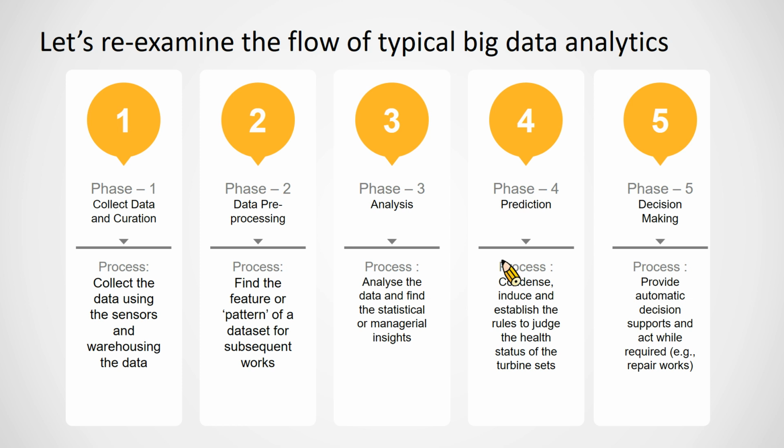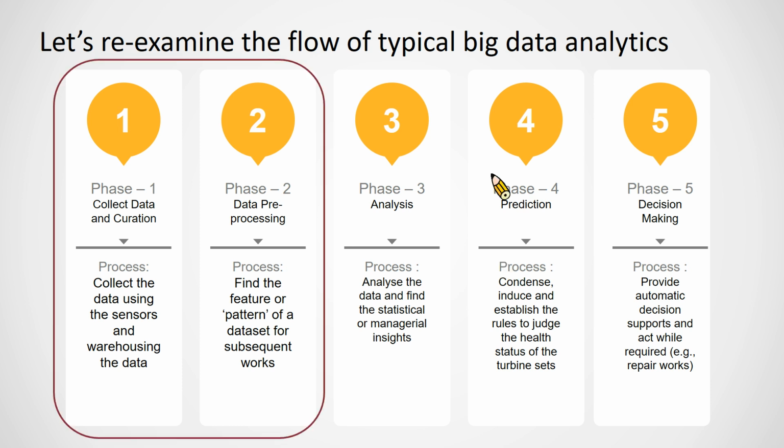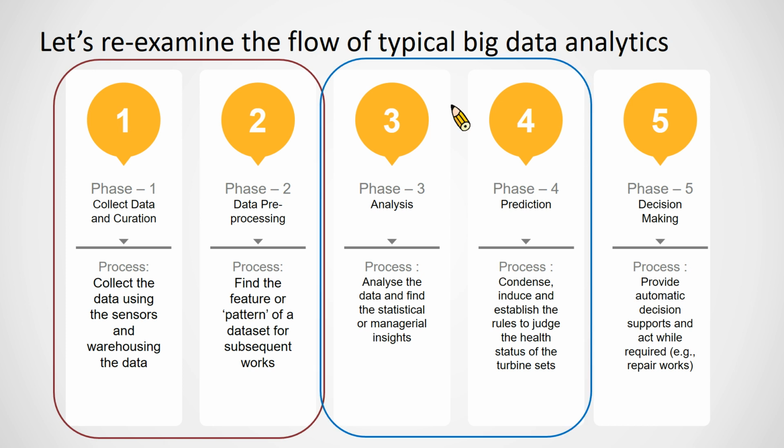Decision making involves that we can provide automatic decision support functions for the decision makers to act while required. For example, for our case, it is those repairing works. And what we do in this study is the red box.